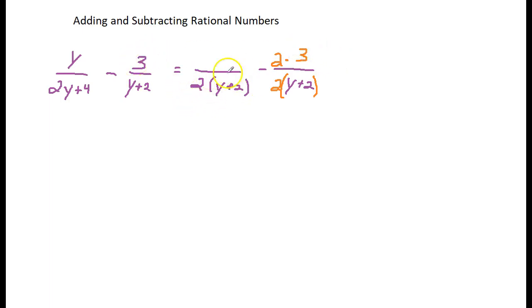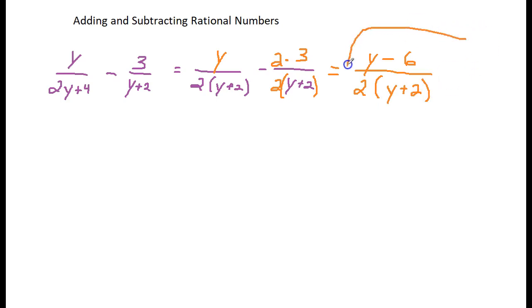Since I didn't multiply this one by anything, I am not going to multiply its numerator by anything. It stays the y. Okay, now I'm going to recopy the y. 2 times 3 is 6, so we have y minus 6 over our common denominator, which is 2 times y plus 2. This is our answer for this first problem.